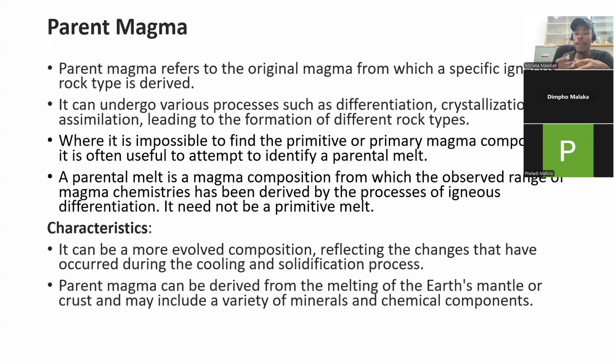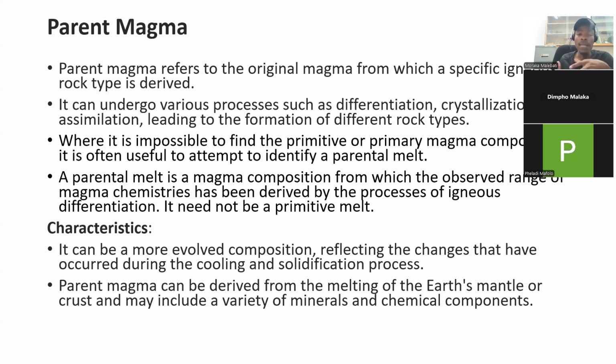Magma changes because of different magmatic processes. These reflect the changes that have occurred during the cooling and solidification process, when crystallization occurs. A process that can affect that would be, for example, fractional crystallization, which can also make the magma evolve.